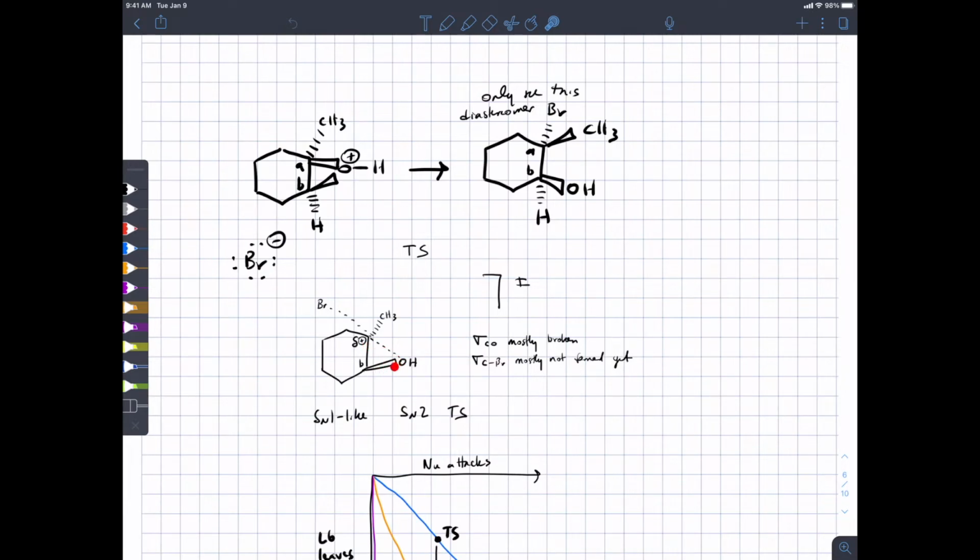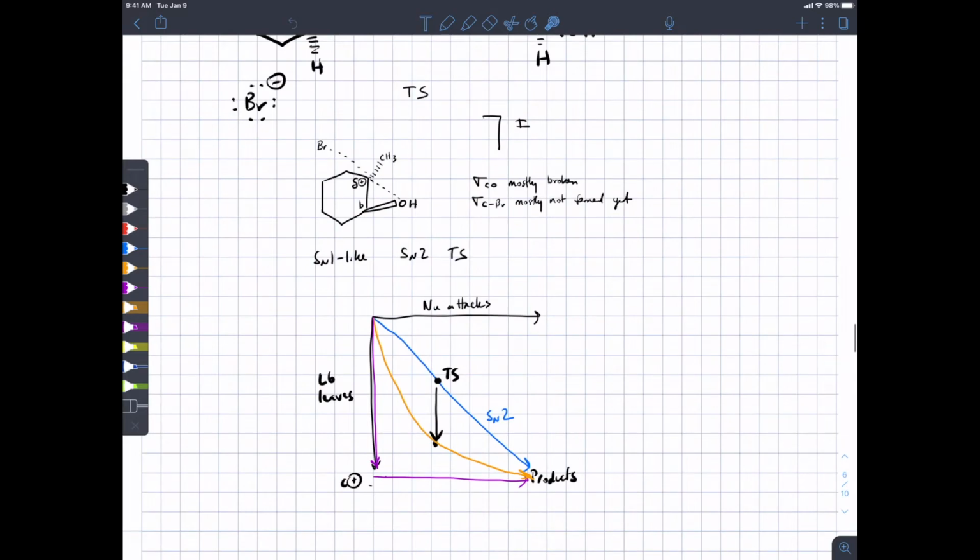The OH group on top is still blocking the top face of this molecule, so the nucleophile Br minus comes in from behind. This is an example of an SN1-like SN2 reaction. The leaving group has done a lot more leaving at this stage than the nucleophile has done coming in. That means there's going to be a buildup of positive charge. It happens on the more substituted carbon where it's more stable, and that governs which of the two carbons gets attacked.